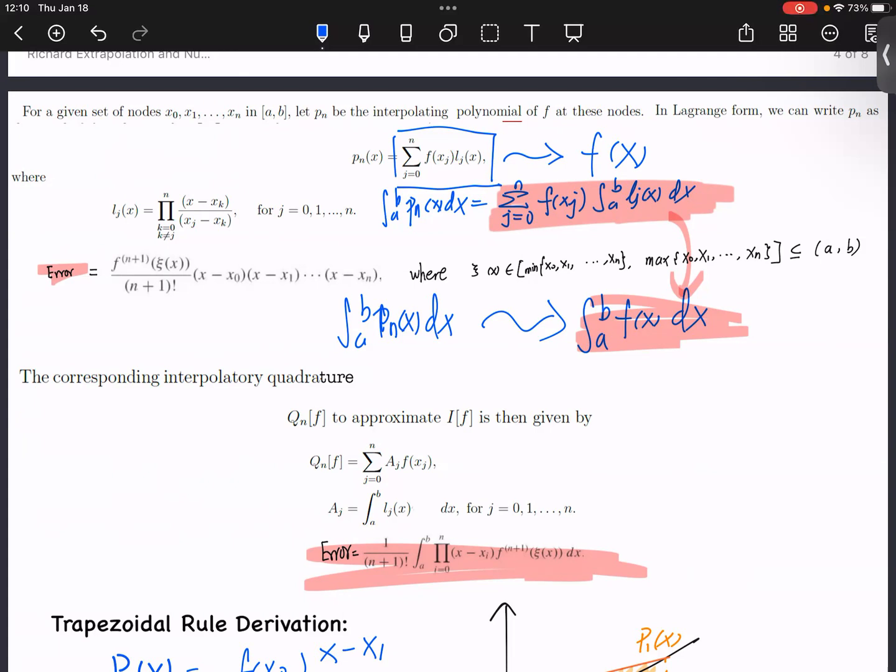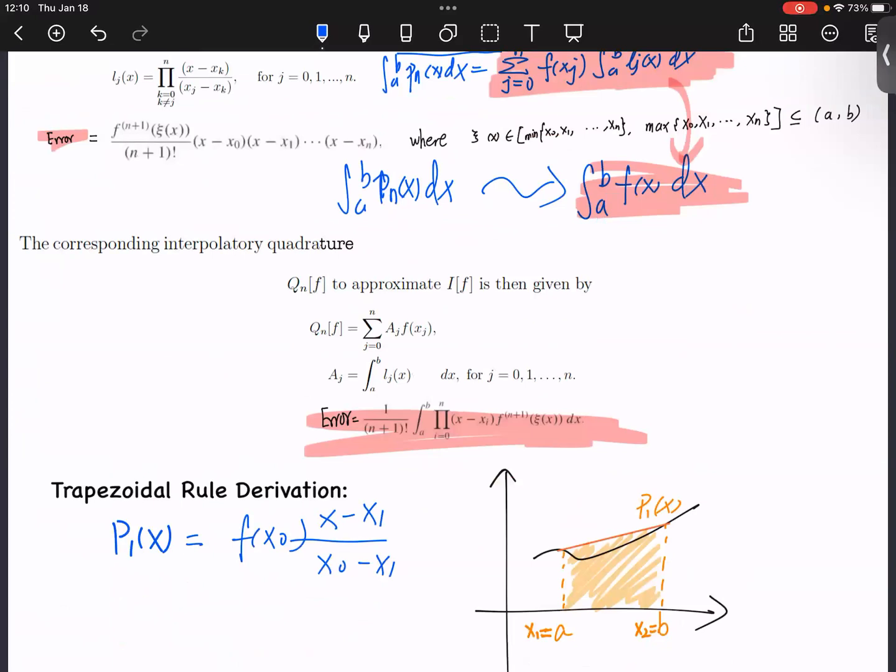This is something from the Lagrange polynomial format. So let me see, am I right here? I'm making some mistake here. It should be xj; I'm copying the wrong formula.